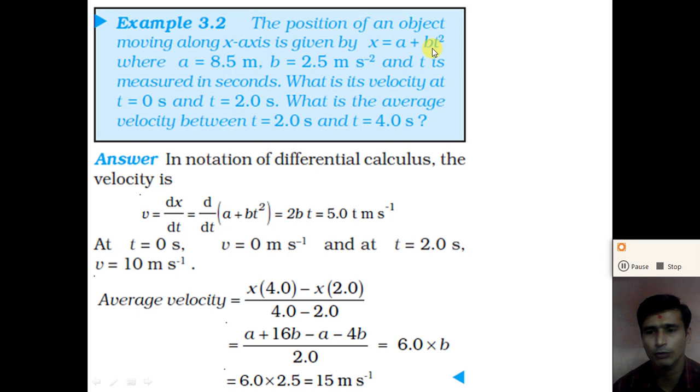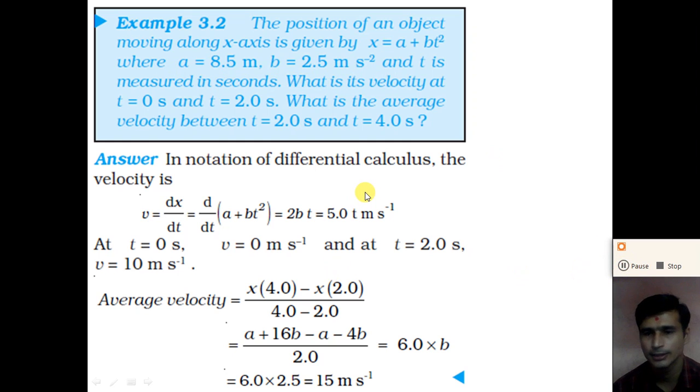Right? Here the equation of the position is given to you, where a and b are constants. The value of a is 8.5 and the value of b is 2.5 meter per second square.